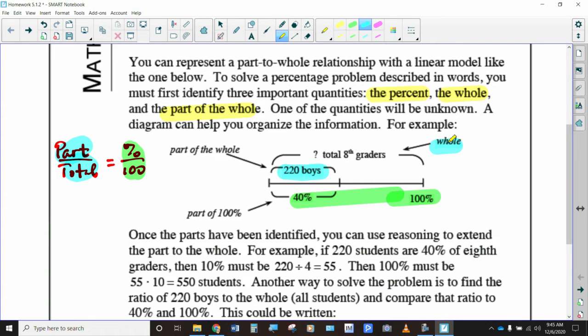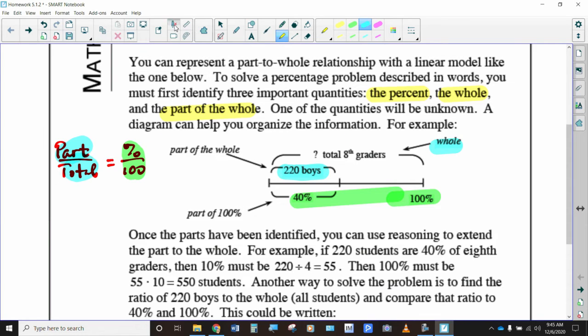So your total aligns with your 100%, and the part is the numerator where the whole is the denominator, right? Here, the percentage, I guess you could call it, or the percent out of the total 100% is aligned here. So if we just kind of flipped and rotated this a little bit, we get the same kind of alignment we have here in a percent proportion.